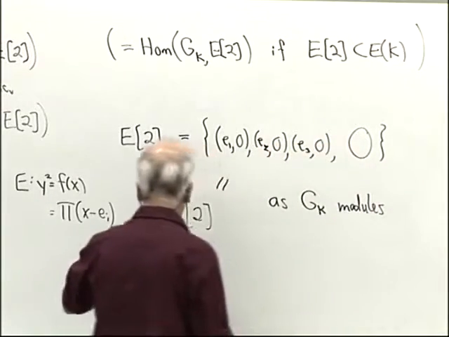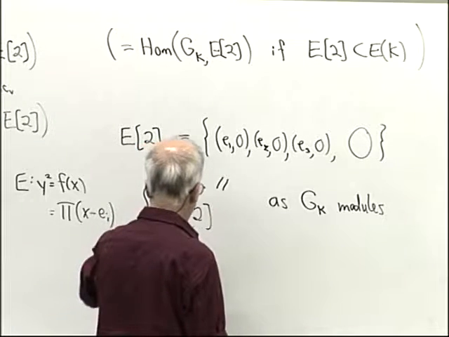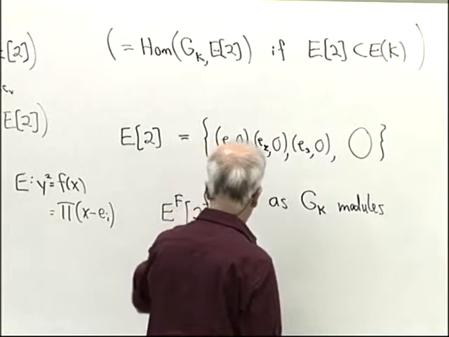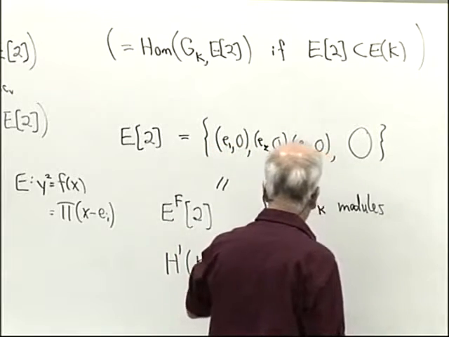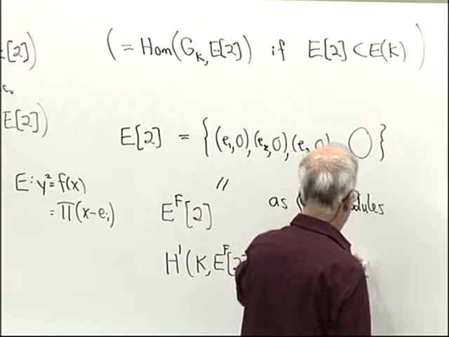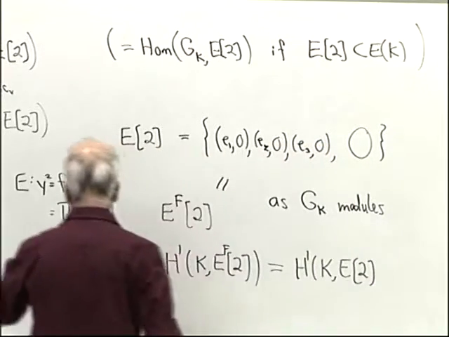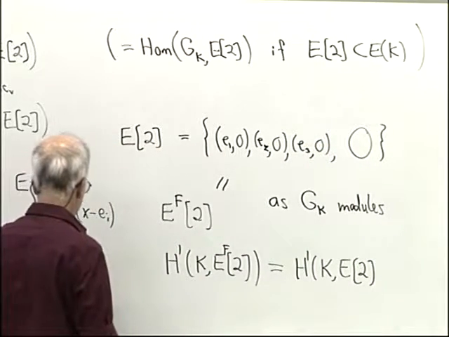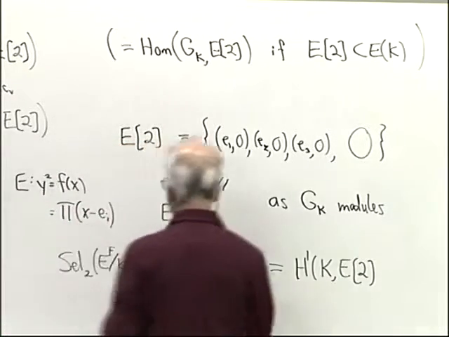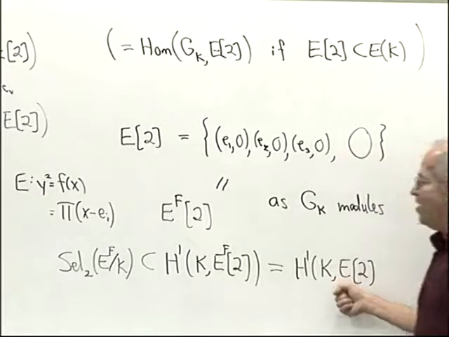So in other words, H1 of K, E[2], or E_F, the 2-torsion on the twist, we can identify with H1 of K, E[2]. And the 2-Selmer group of the twist lives inside here, so we can think of it inside here.